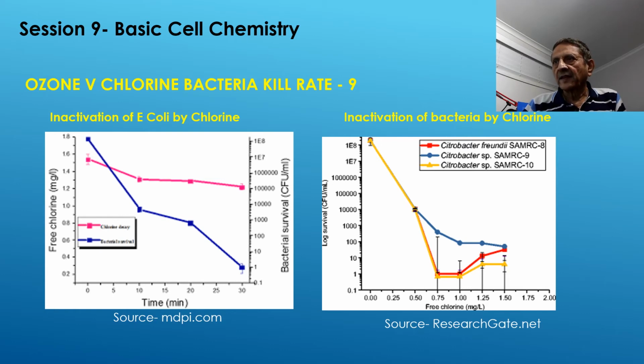You find that when the free chlorine is 0.75 ppm, almost all the bacteria are killed, and at about 1 ppm, both Citrobacter SAMRC10 and SAMRC8 are killed, but as the concentration goes higher, you notice that the bacteria is able to survive better.